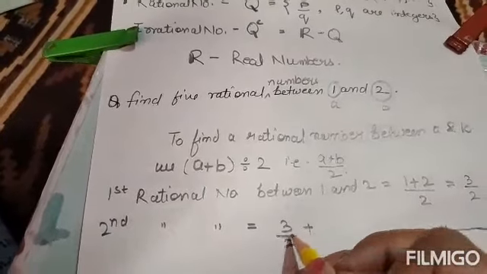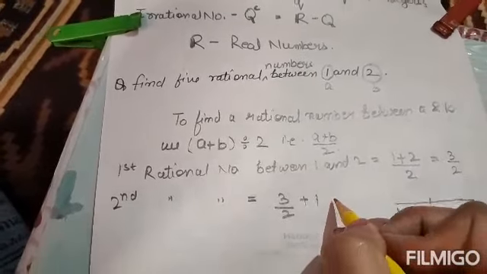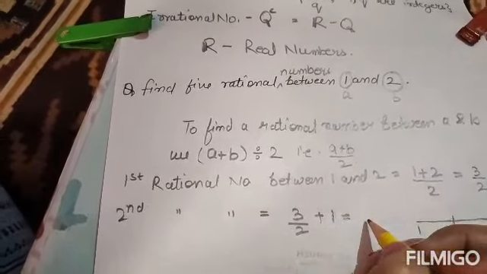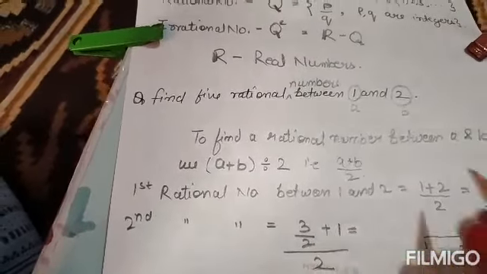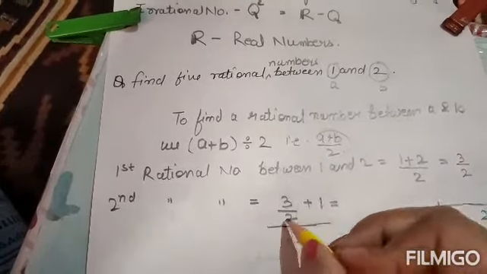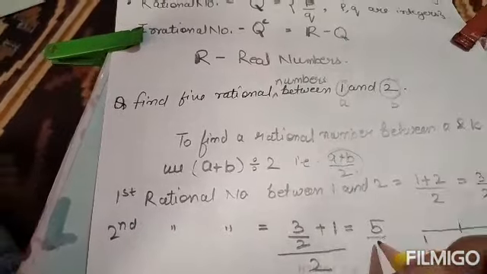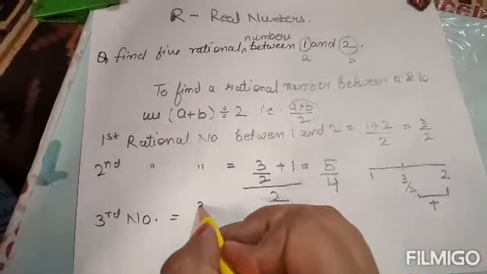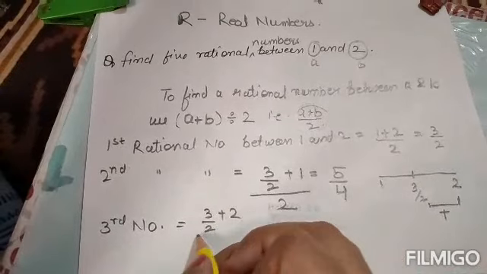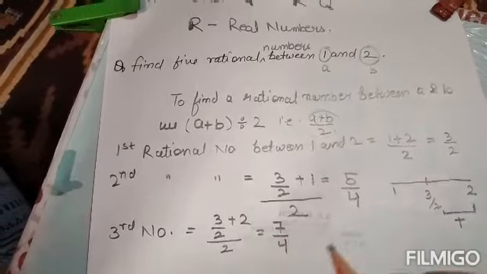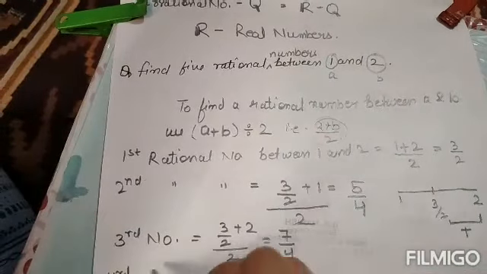You can do anything. 3 by 2 plus 1 divided by 2, so it will be 5 by 4. Third number will be 3 by 2 plus 2 divided by 2, which will be 7 by 4. Similar way, fourth number.